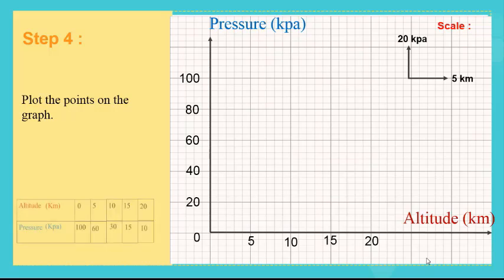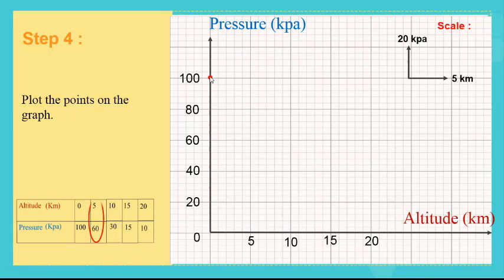For example, for the first point, 0 km, 100 kilopascal. What does this mean? 0 km, so it is located on the x-axis, here. 100 kilopascal, so it is located on the y-axis. Draw a dotted vertical line. This is the first point.